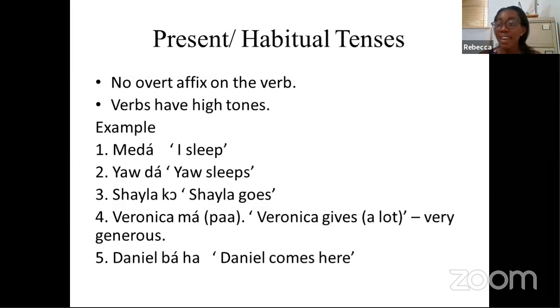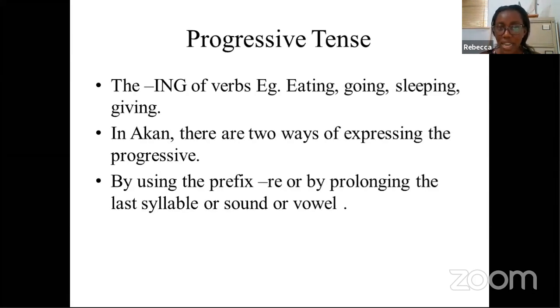Now let's go to the last thing that we'll be looking at in the tenses, the progressive tense. In English, we know the progressive tense as the one where you add ing to verbs. So we have eating, going, sleeping, giving, and the rest. Those are progressive tenses. Now in Akan, there are two ways of expressing the progressive.